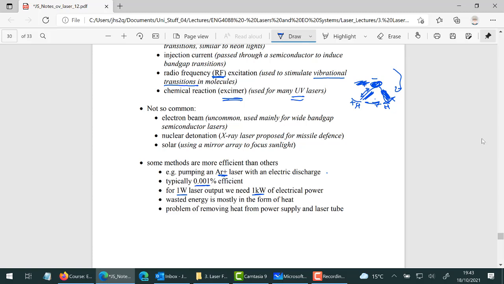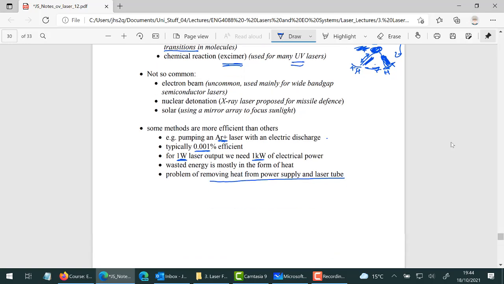There can be a problem with removing heat from power supplies and from the laser tube, so you need some way of getting rid of that heat, usually using water cooling. Water plus high voltage electricity is not a good mix, so you've got to be quite careful when you're working with these systems that you don't end up standing in a puddle of water and touch something which is live.